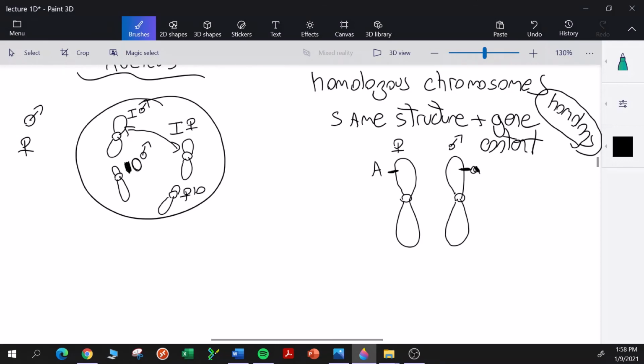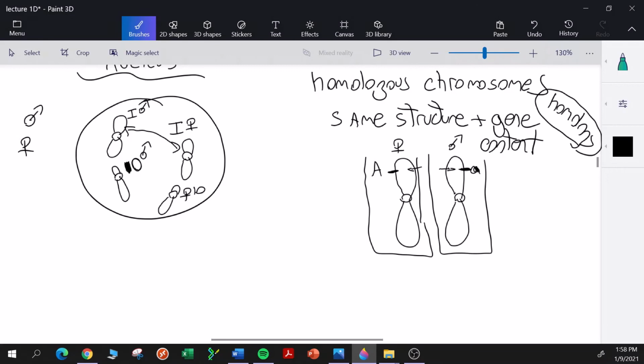So the same gene is found in the same place on the chromosome, but the sequences are slightly different. That doesn't make the chromosomes non-homologous. These are still homologous chromosomes. Autosome number 1 from mom, autosome number 1 from dad.